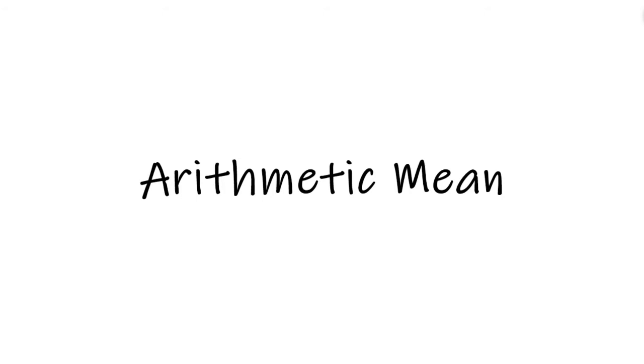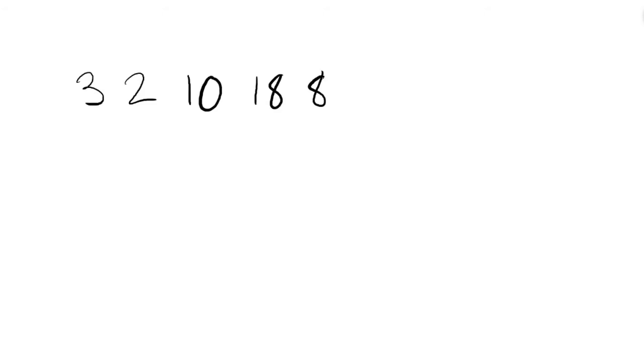the income. So to make this simple, we're going to look at two examples for two different formulas. Well, technically they are the same formula, but one is easier in one situation than the other. In this first example, we have the numbers 3, 2, 10, 18 and 8, and those are the numbers we're going to take an average of.